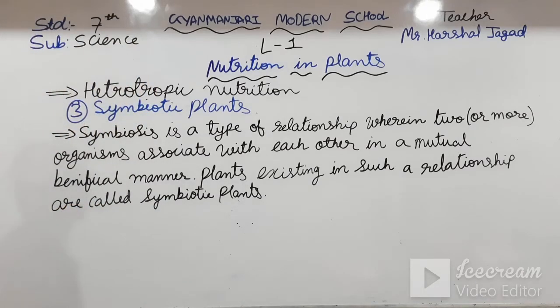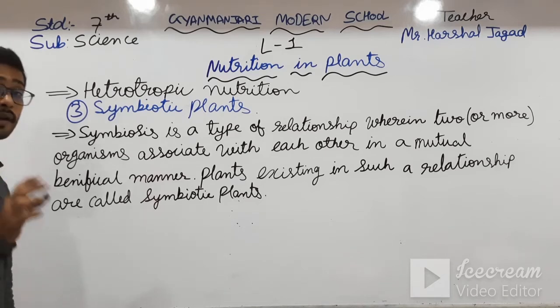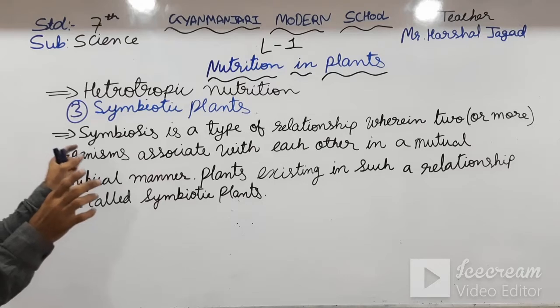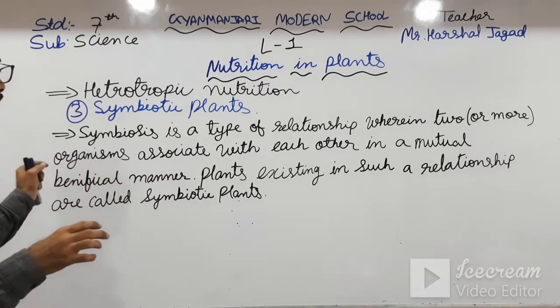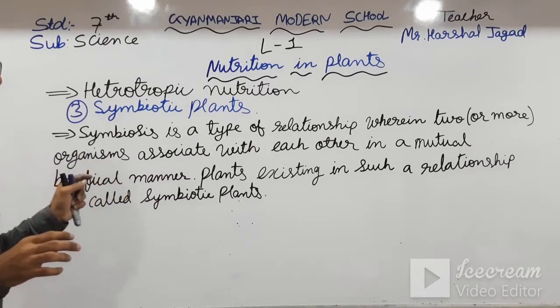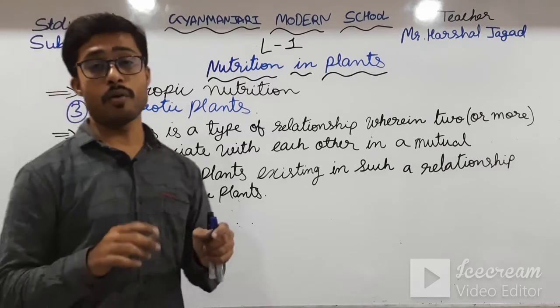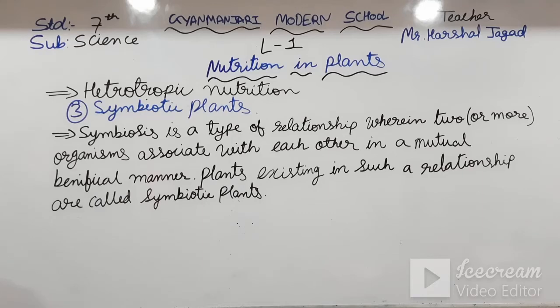So students, symbiosis is a type of relationship where two or more organisms associate with each other in a mutually beneficial manner. Plants existing in such a relationship are called symbiotic plants. Okay students, now I am reading it further.